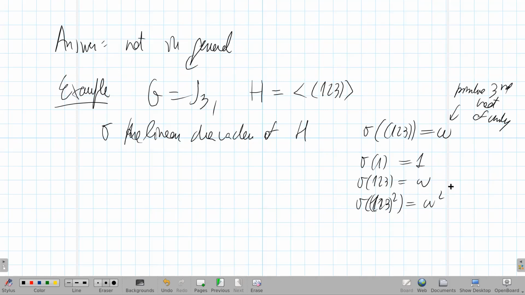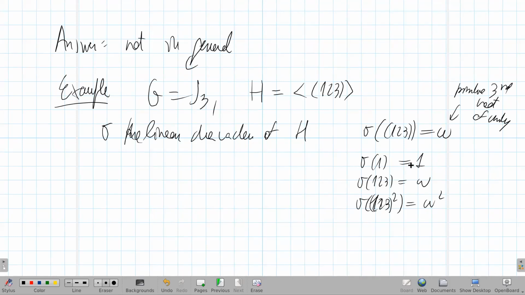But this clearly cannot be the restriction of a linear character. It's a representation of degree 1, of dimension 1. It cannot be the restriction of a linear one.